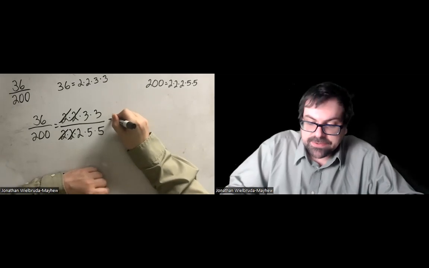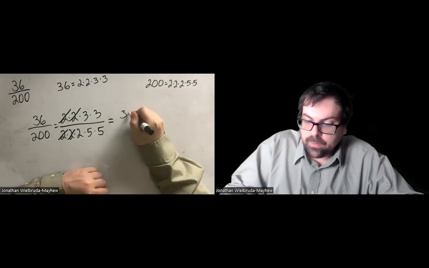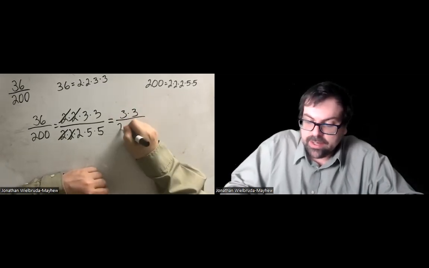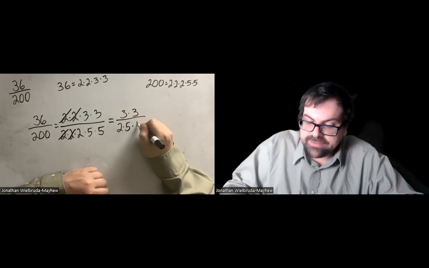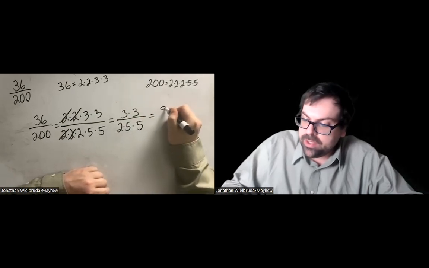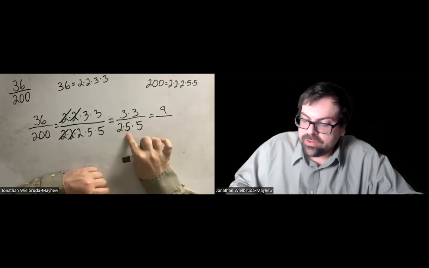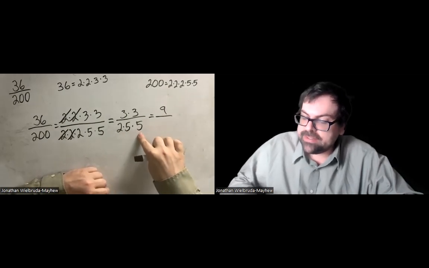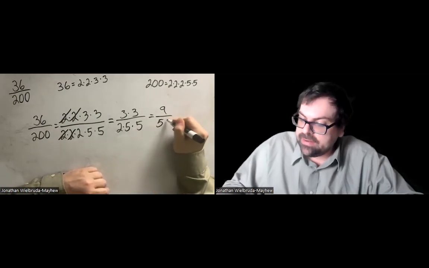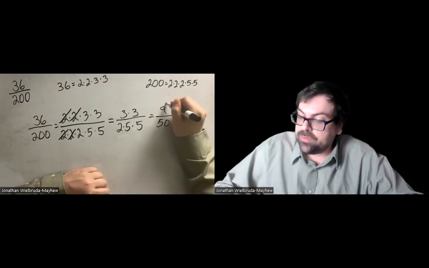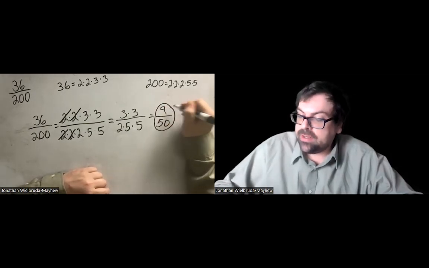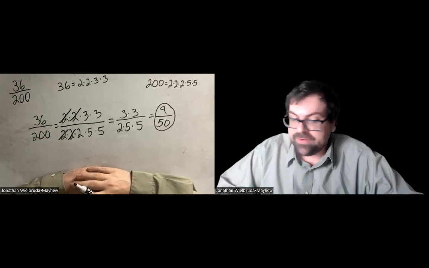Nothing else can cancel. We're left with 3 times 3 over 2 times 5 times 5, which is 9 over 2 times 5 is 10 times 5 is 50. So the reduced fraction is 9/50.